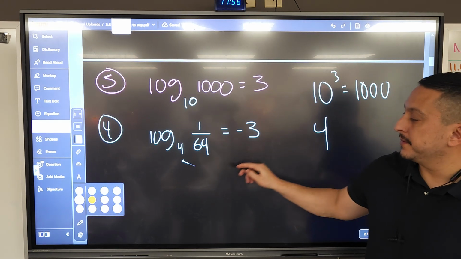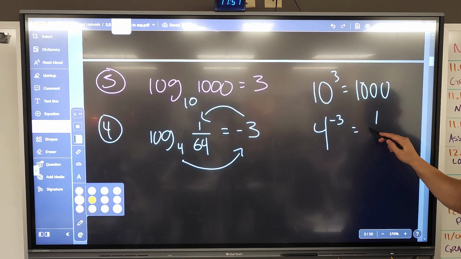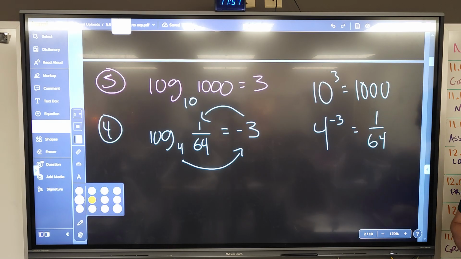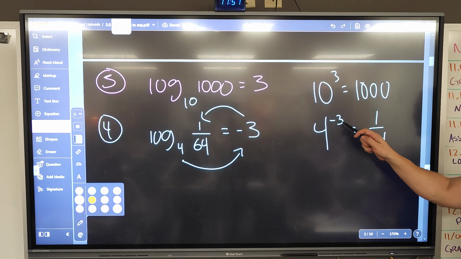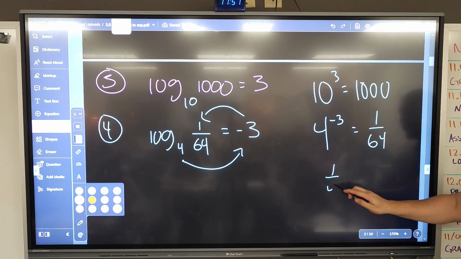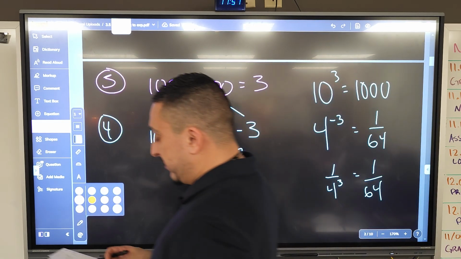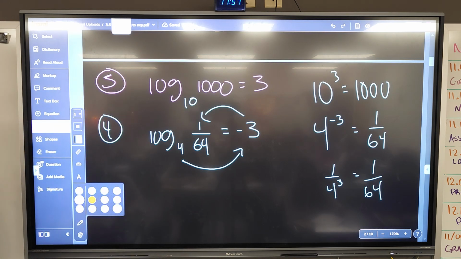Again, you can do the arrows. 4 to the negative 3 is 1 over 64. Which is absolutely true. Remember, because the negative power means it's unhappy there, so it wants to go to the bottom. So it's 1 over 4 to the 3. That's what that really means. Okay, negative powers are unhappy. Is that okay, guys? Everybody good?